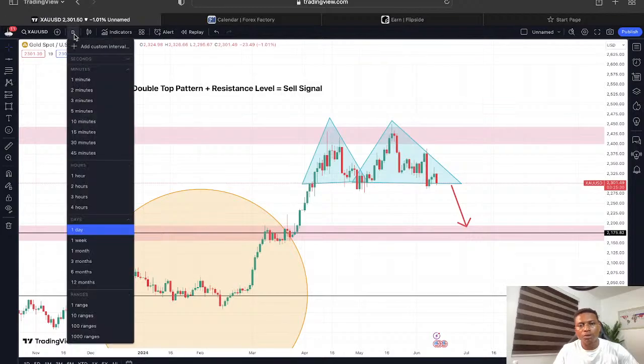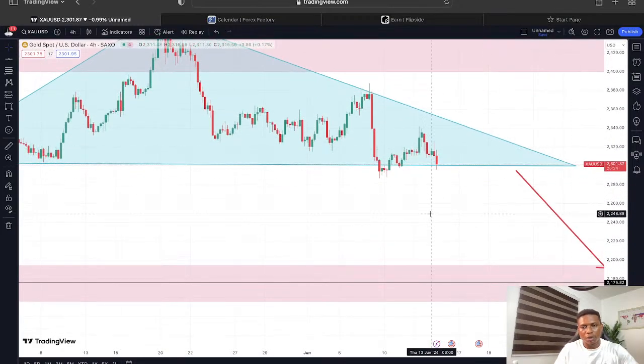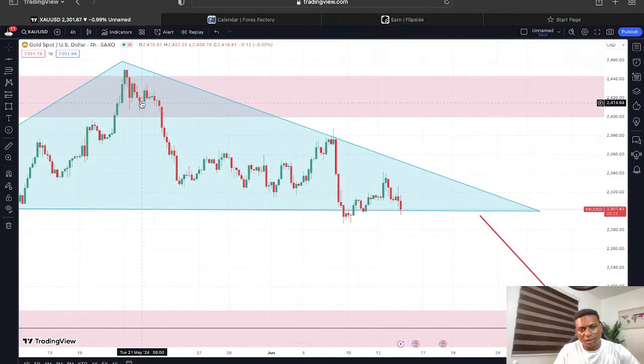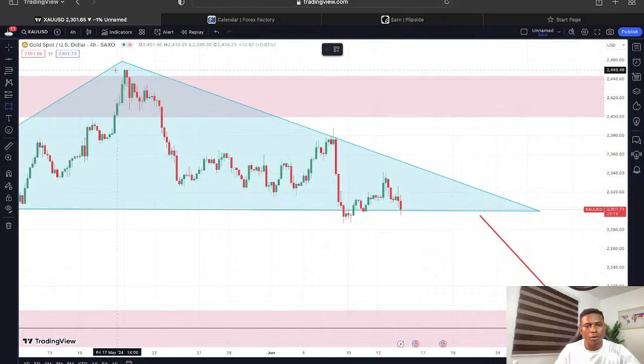So now let's go down to the 4 hours time frame. When you look closely on the 4 hours time frame, you are already seeing that the market is creating a higher low.